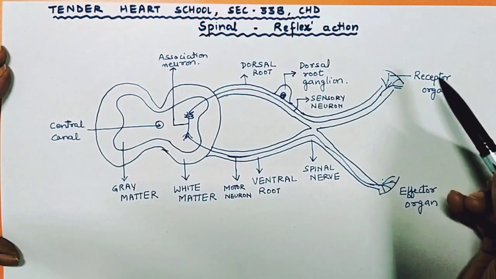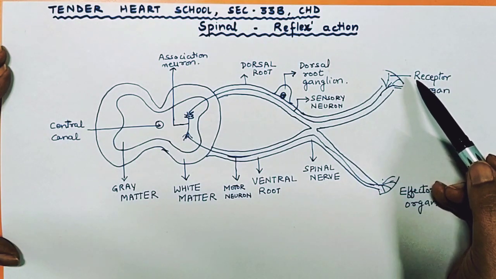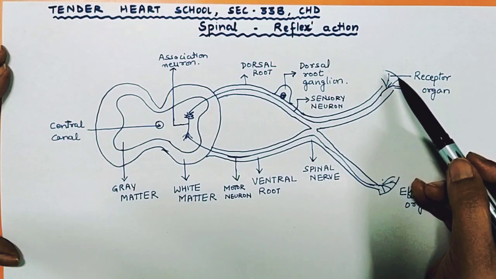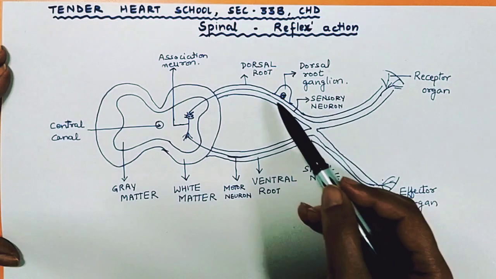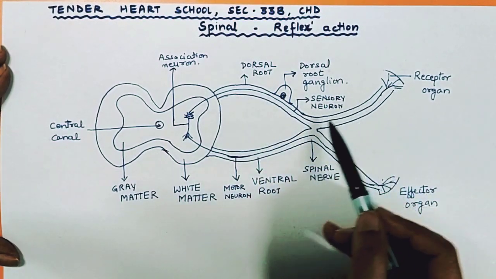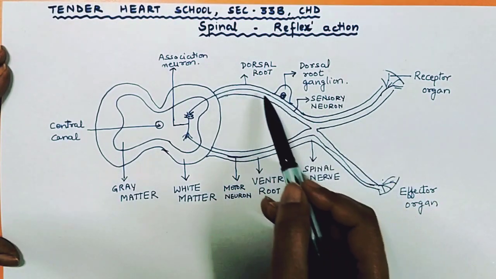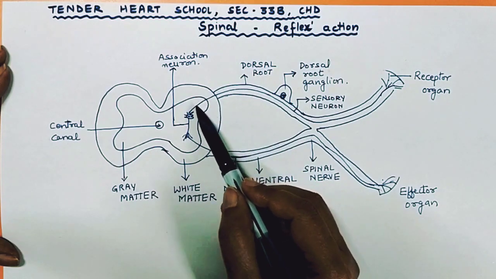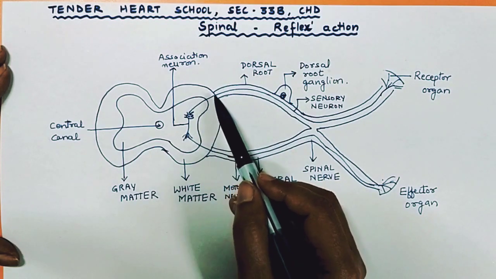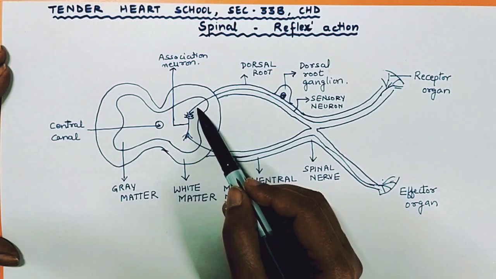So in this we have the receptor organ. In our case, this can be the hand. From the hand, a sensory neuron is taking the message. So this is the dorsal root. From the dorsal root, the sensory neuron is passing and taking the message to the spinal cord. And it goes inside from white matter to the gray matter.